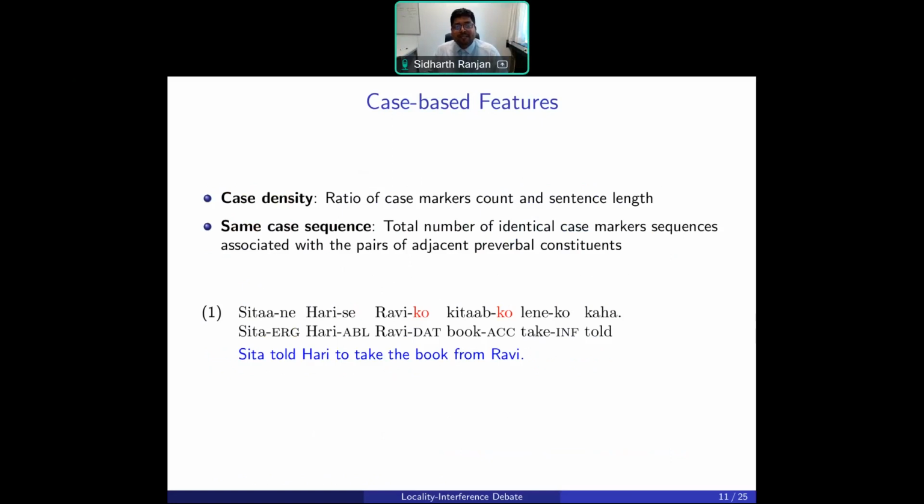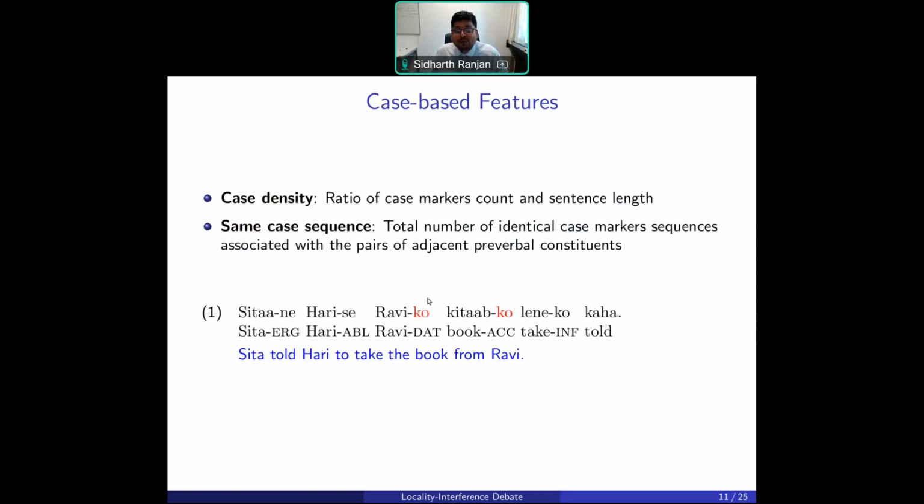And we compute case-based features. We simply count all the case markers in the sentence and divide by the number of words in the sentence. If a sentence has more case markers, they may give greater predictability, or they may cause greater interference, depending on how they are used. Then we also compute same-case bigram sequences.